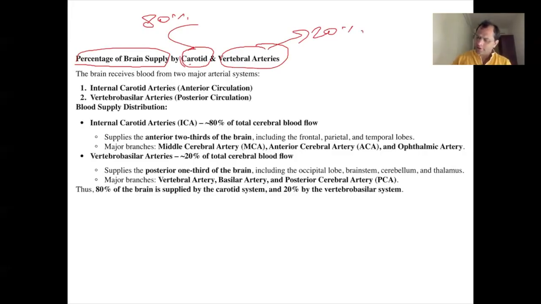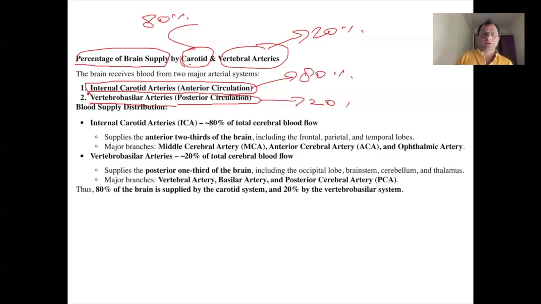The carotid artery, or internal carotid artery, supplies the anterior part of the brain, doing the anterior circulation, and the vertebral artery, or vertebrobasilar artery, supplies the posterior part of the brain, doing 20% of the blood supply.